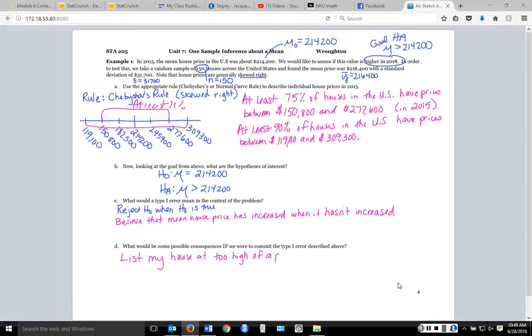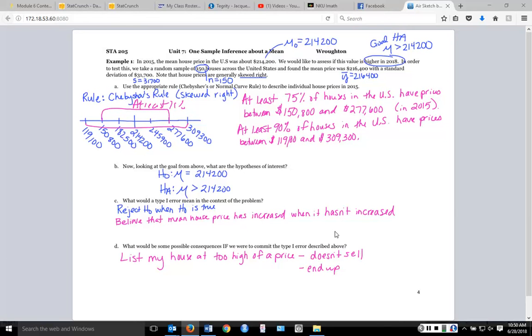Now, why do I say too high of a price? Well, I think the mean house price has gone up, so I would probably list my house for a high price. Why do I say too high? Because the house prices really haven't gone up. So I'm going to probably list my house for too much money. So one thing that could possibly happen then, right, I don't sell my house.